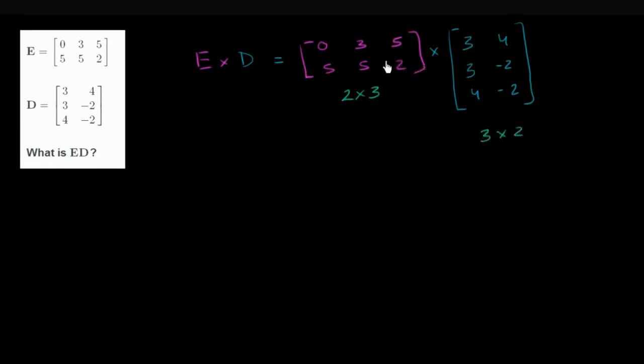We can only multiply this matrix times this matrix if the number of columns on the first is equal to the number of rows on the second. And in this situation it is, so I can actually multiply them. If these two numbers weren't equal, then this would not be a valid operation, at least the way we have defined matrix multiplication.